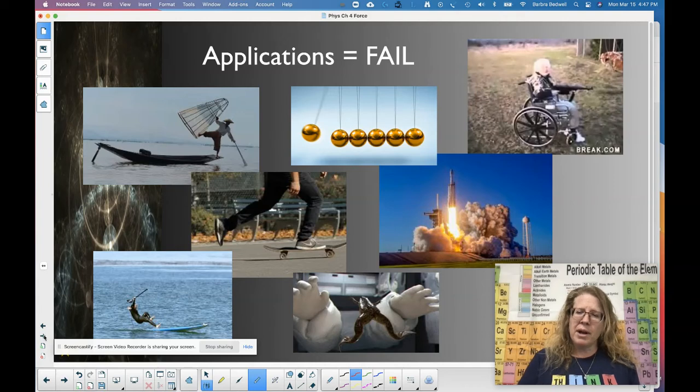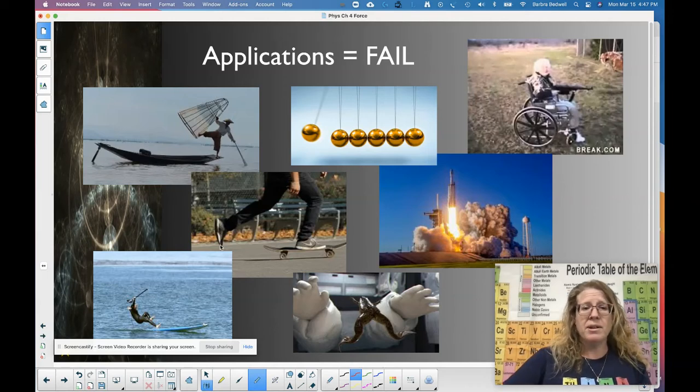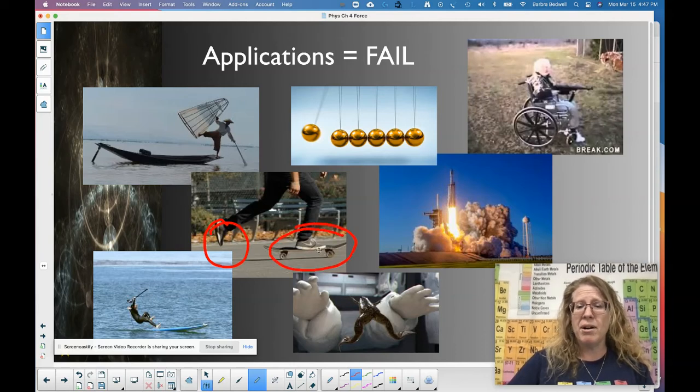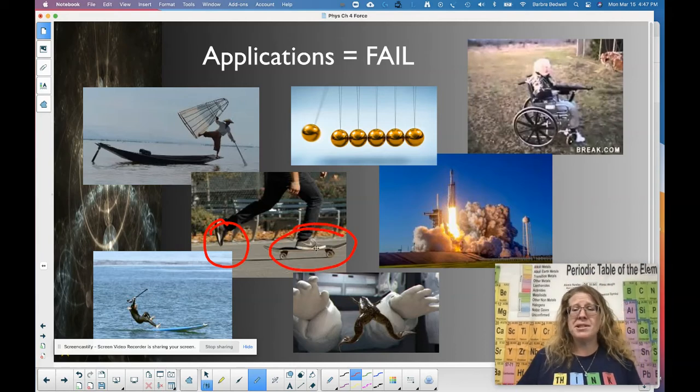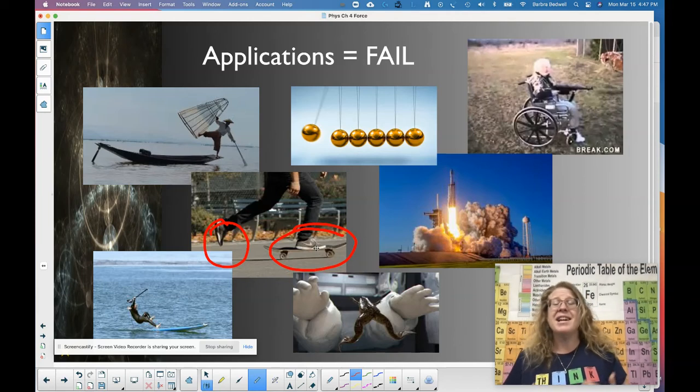I'm pushing on the ground and the ground's pushing on me. I'm pushing on the board, and the board is pushing on me. So there's actually two different things happening. There is an action-reaction pair here, and an action-reaction pair here. And what happens is that the amount that I'm pushing on the ground is greater than the amount that the board is pushing on the ground, and you end up sliding forward.